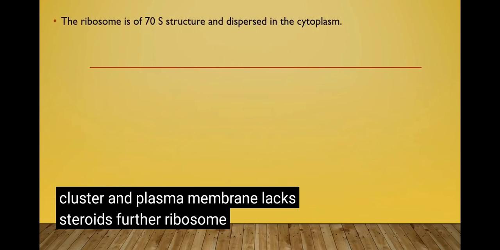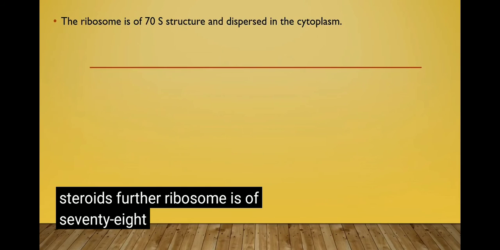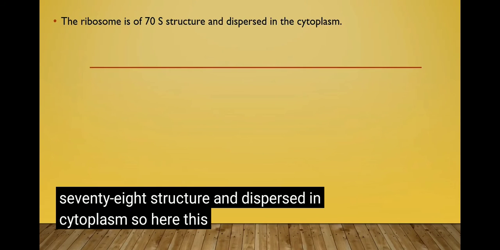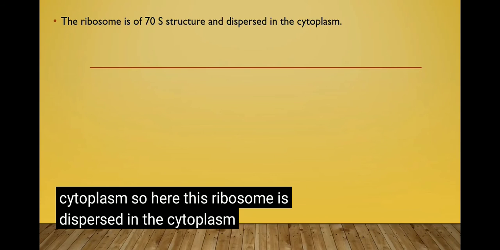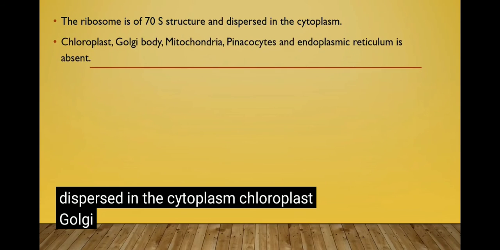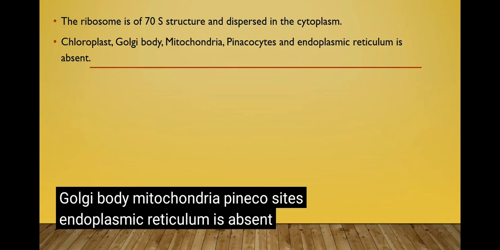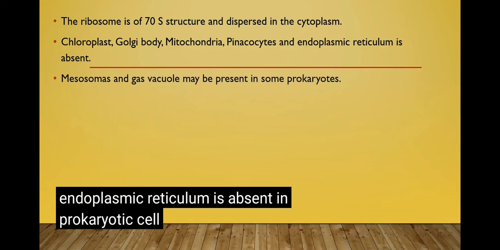Further, ribosome is of 70S structure and dispersed in cytoplasm. So here this ribosome is dispersed in the cytoplasm. Chloroplast, Golgi body, mitochondria, pinocytes, endoplasmic reticulum is absent in prokaryotic cell.